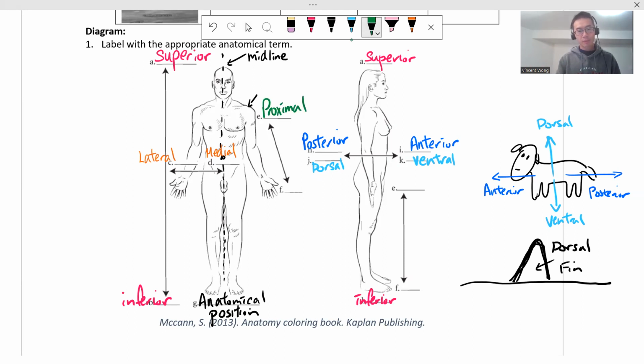If it's further away from the shoulder, then we say distal. For the leg, if it's closer to the hip, okay, that's where the leg joins the body, right? We also say proximal, and then we say distal. Okay.